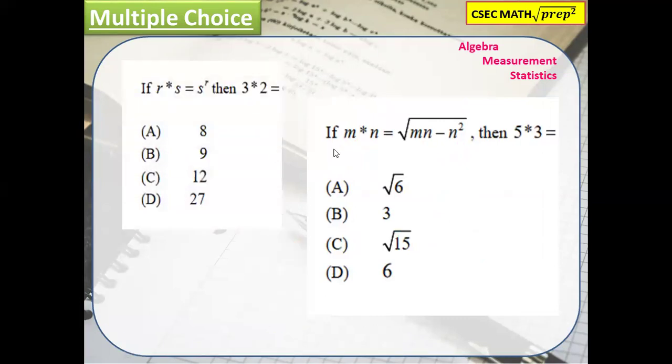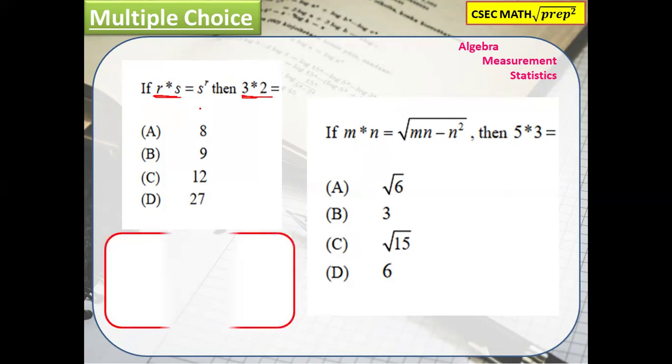Continuing with statistics here. Now we have binary operations, and it is just simply noting that R asterisk S corresponds to 3 asterisk 2. So let R be 3 and S be 2.